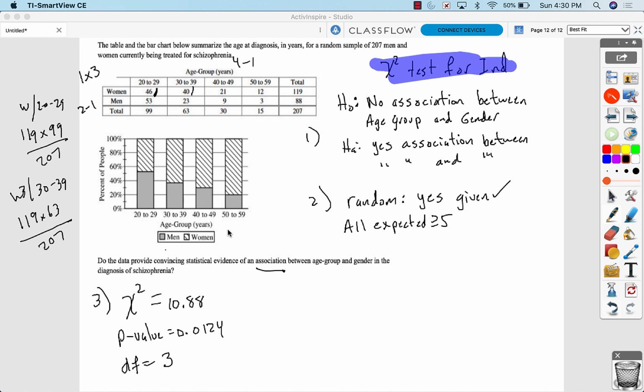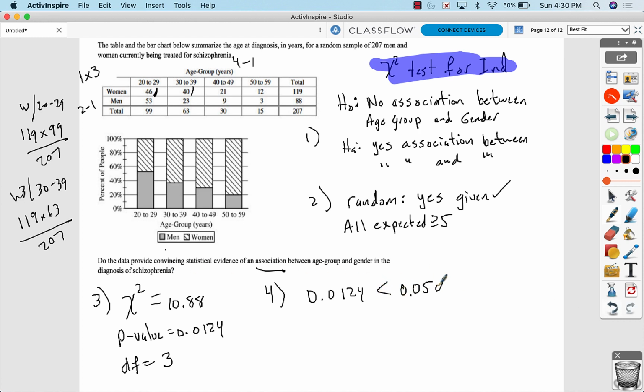Okay, what are we going to do here? 0.0124 is less than the 5% alpha.